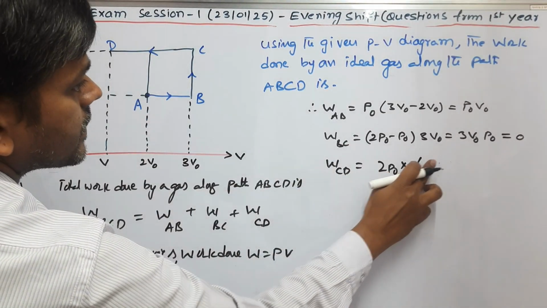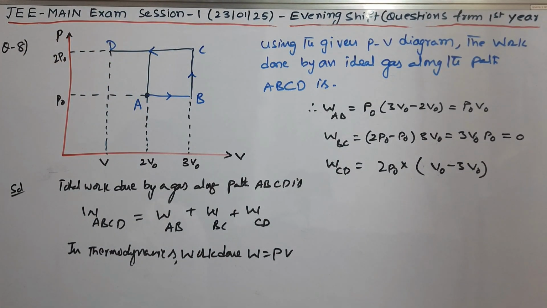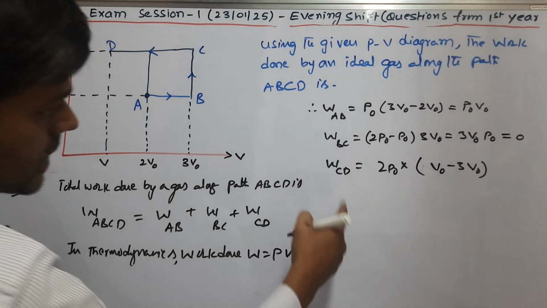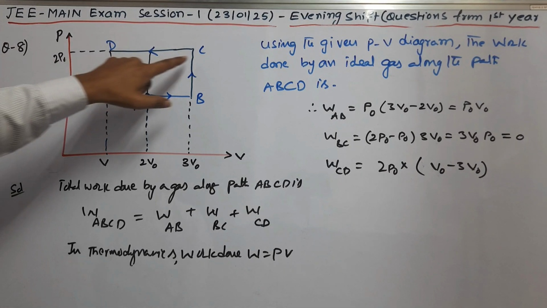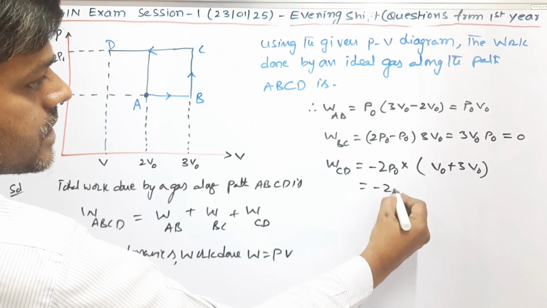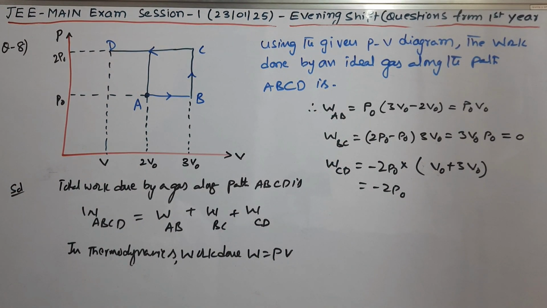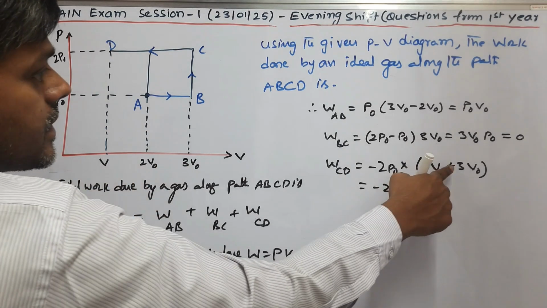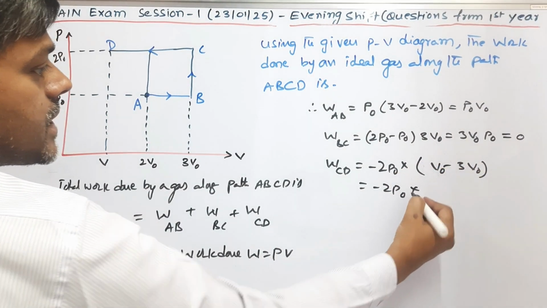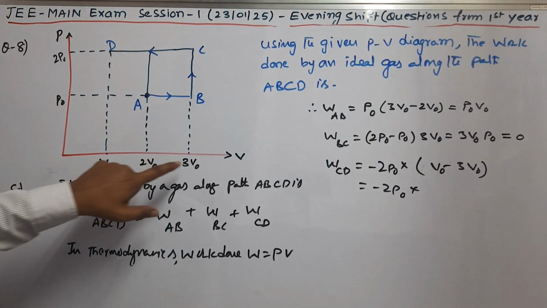The pressure is 2 P naught, but it is in reverse order, so the sign is negative: minus 2 P naught into V naught minus 3 V naught, final minus initial.